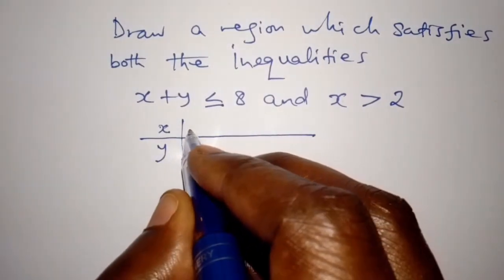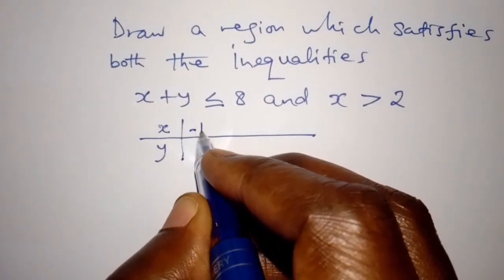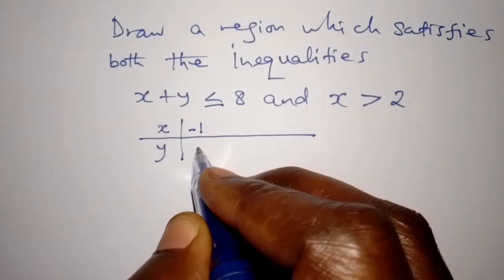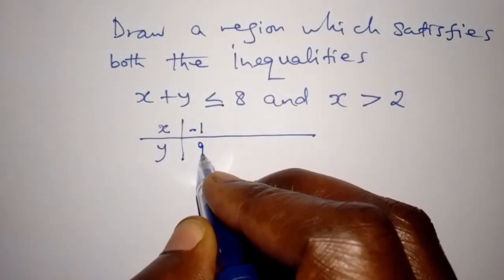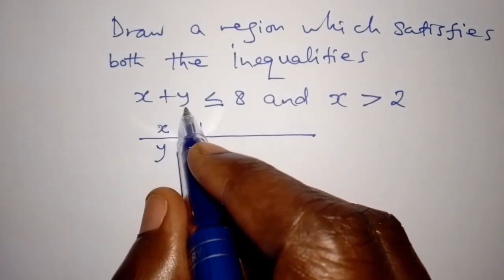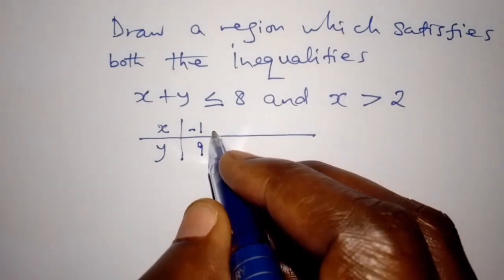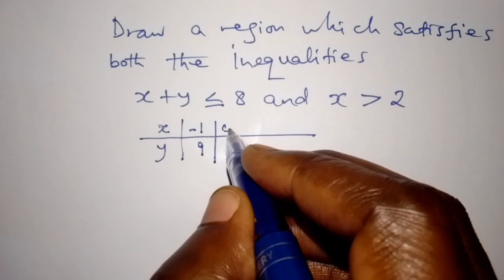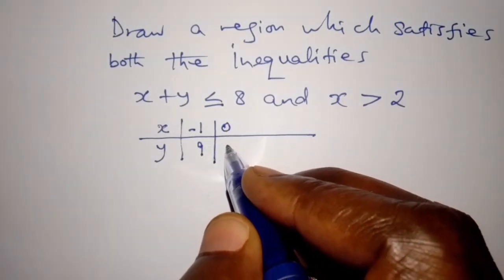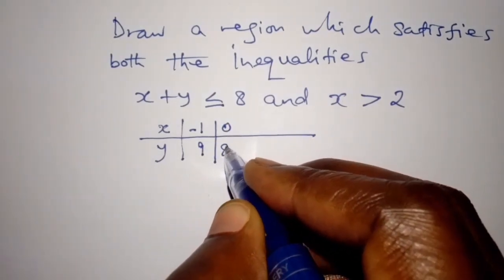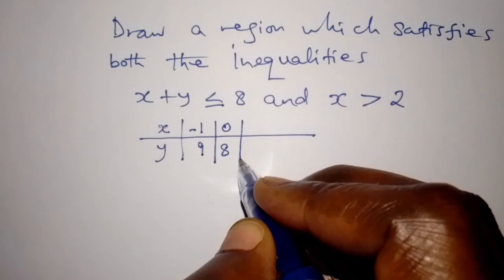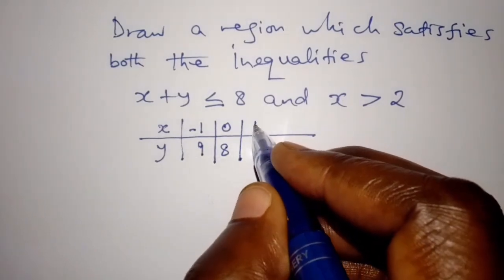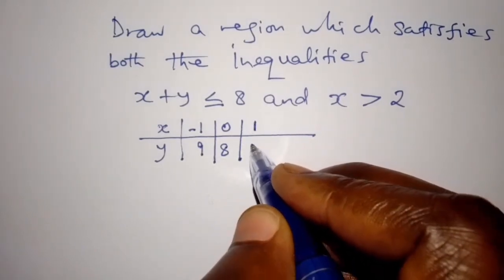When x is negative 1, y will be 9, when we use x plus y is equal to 8. When x is 0, y will be 8. When x is 1, y will be 7.